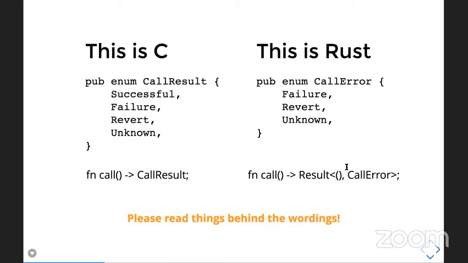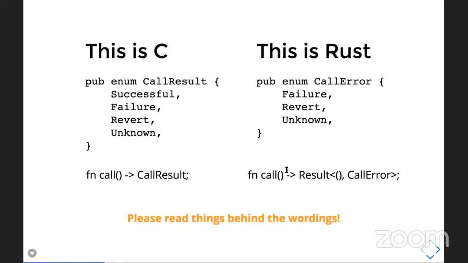One part is success, and another part is something like a call error, and errors can be different kinds. Even though both are Rust code, the right-hand side is really Rust style and helps developers avoid problems and handle their code well. So that's the reason and the pain point.